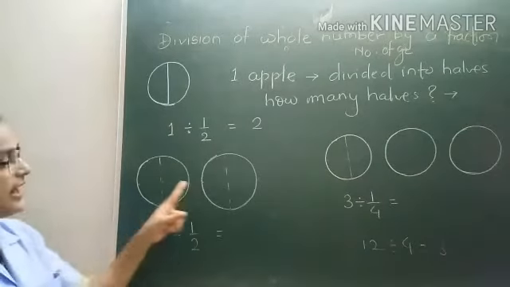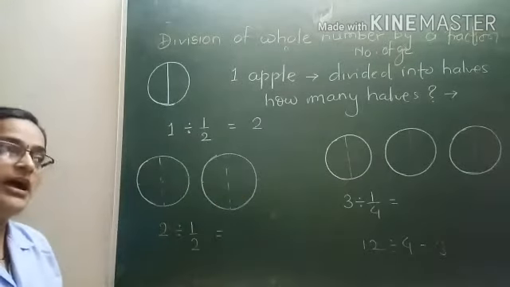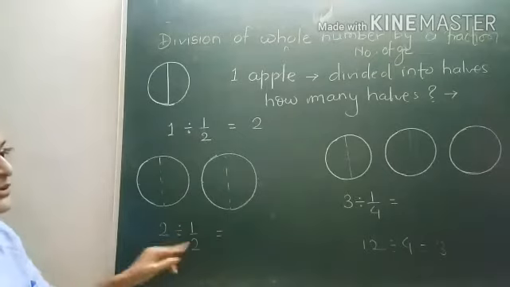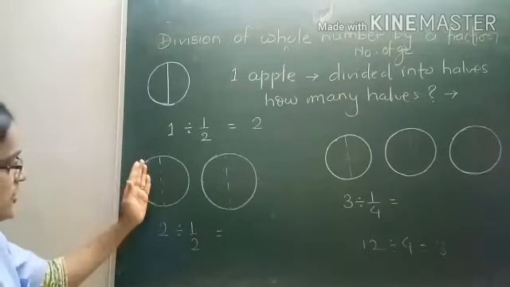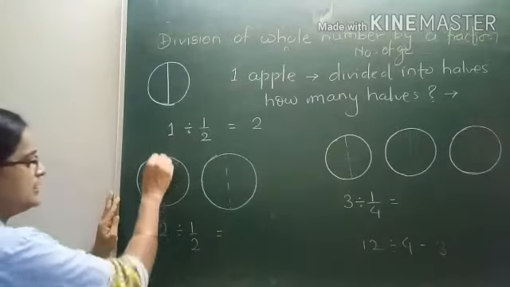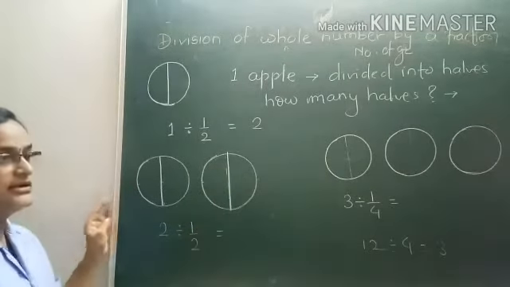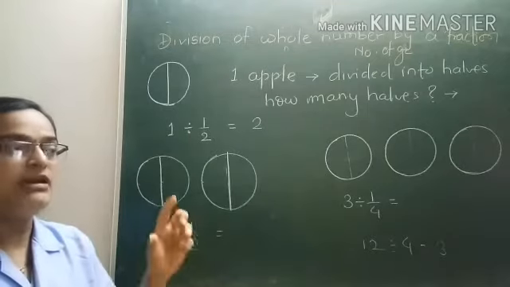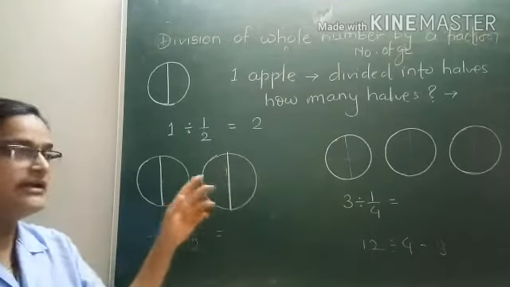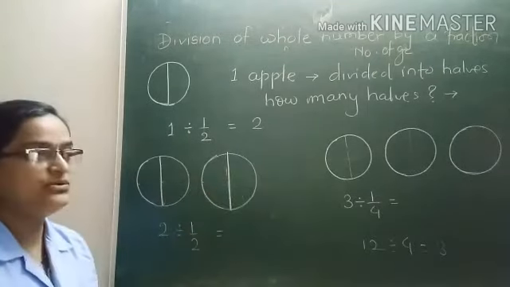Now, if I have 2 apples, again I am dividing them into half parts. The first apple is divided into half parts, and the second apple is divided into half parts. If I decide now to give half an apple to each child, to how many children can I give this apple?